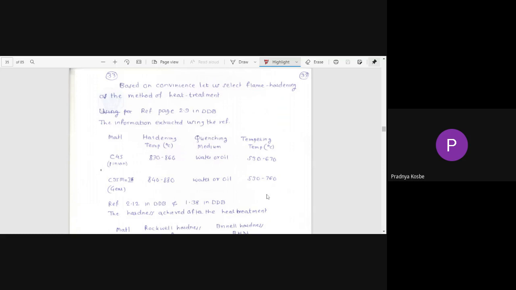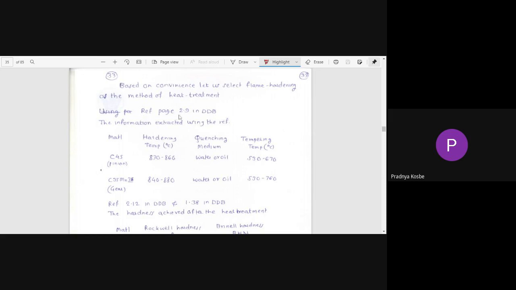So based on convenience, the heat treatment selected is flame hardening. For this purpose, you refer to page 2.9 from the HMT design data book.